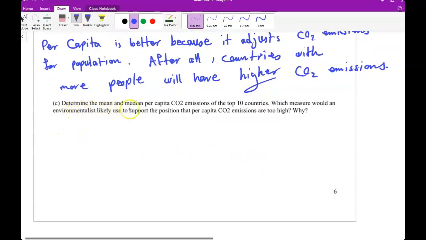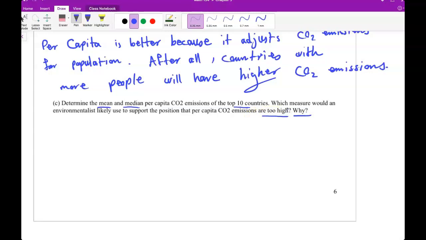Part C: determine the mean and median per capita emissions of the top 10 countries. Which measure would an environmentalist likely use to support the position that per capita emissions are too high?